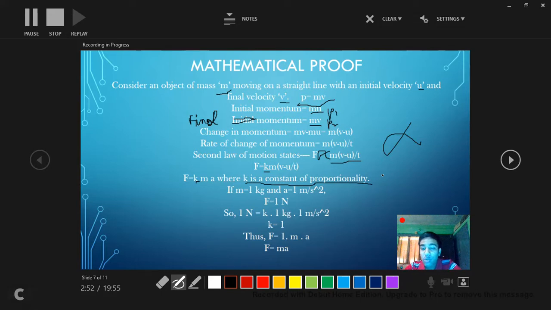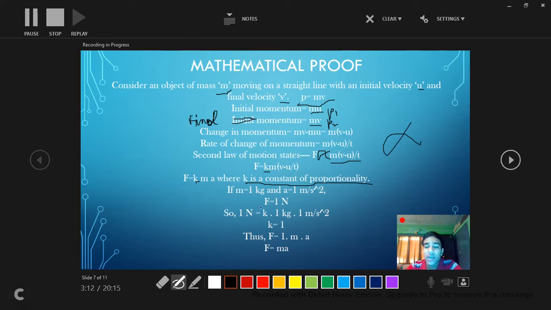As the force increases, the rate of change of momentum will also increase, so we put a constant of proportionality, that is k. Remove the proportionality symbol and put the equality sign. So F is equal to km into v minus u by t.